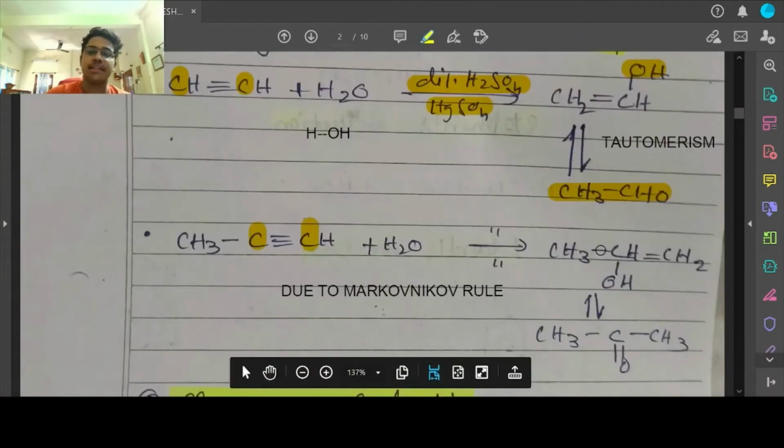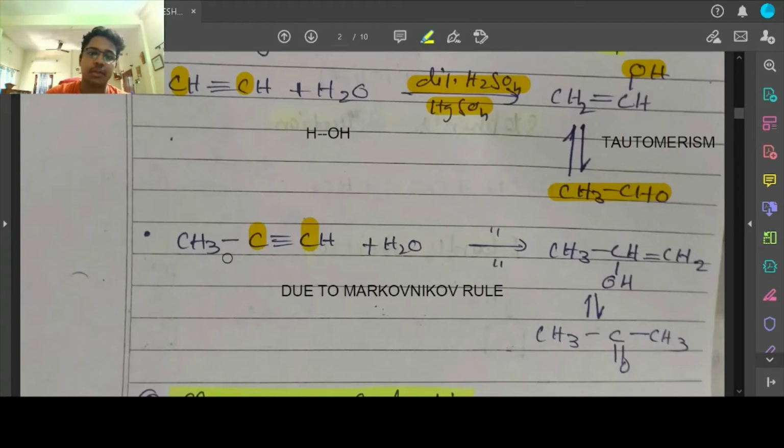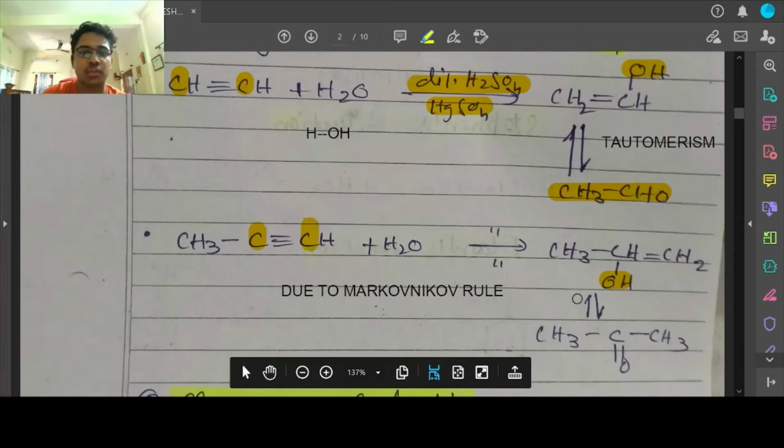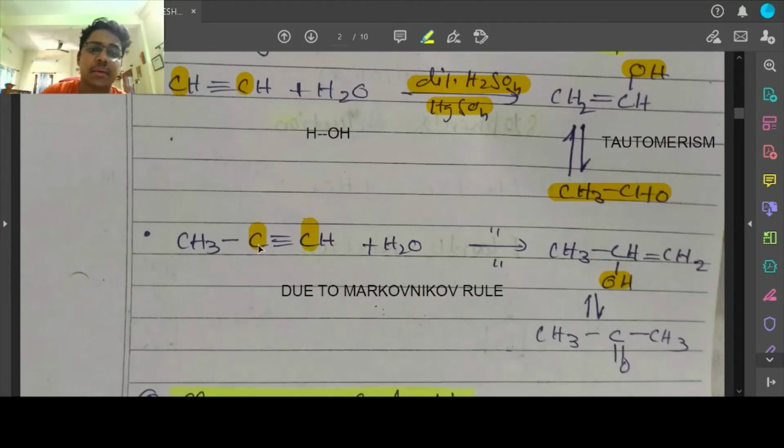So why did this OH come only here? It might have come to the other carbon also, giving CH3-C=C-OH, where only a hydrogen atom would have been replaced. Why didn't that happen? The rule is that the OH group is always attached to the least substituted carbon. This carbon here is the least substituted carbon, since it has no substituents other than hydrogen.